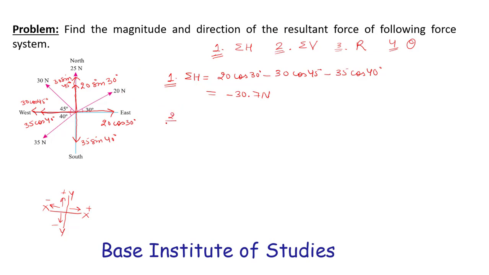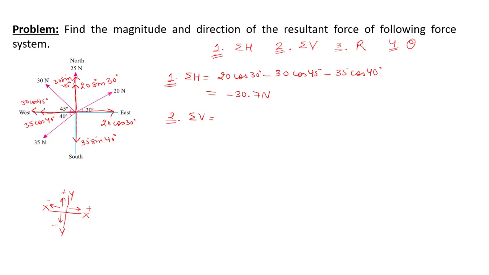Similarly, sigma v, the algebraic sum of all the vertical components. The first vertical component of this force is 20 sin 30 degree in the positive direction.